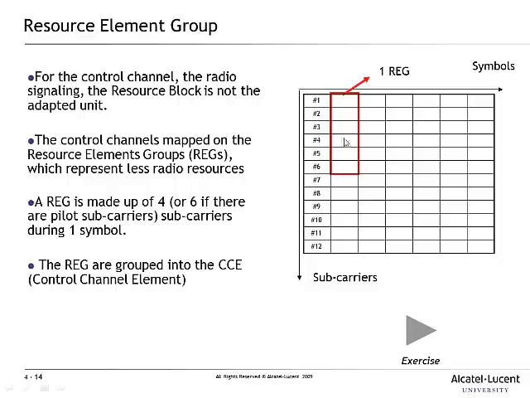So in this case, a resource element group could be the first symbol and 6 subcarrier positions. That could form a resource element group, and you could send all your control channel information on this one symbol.